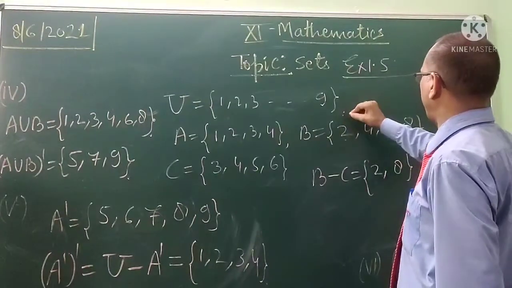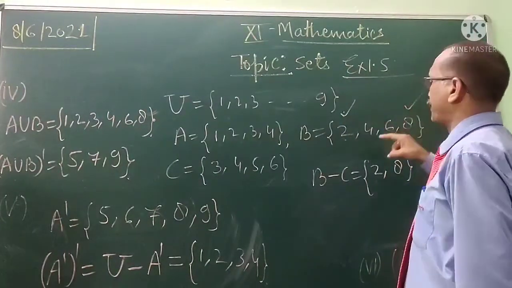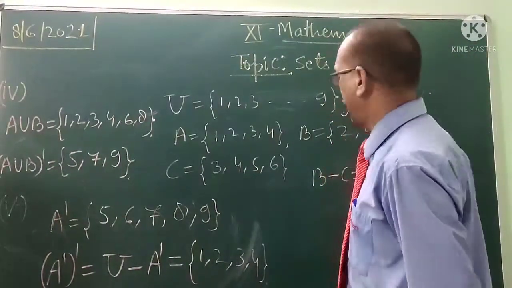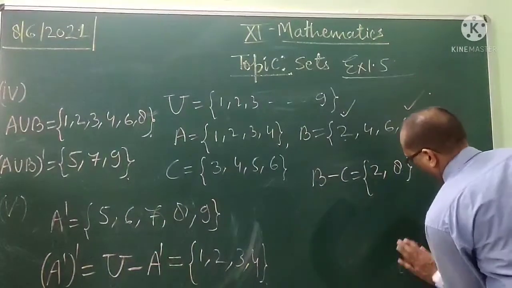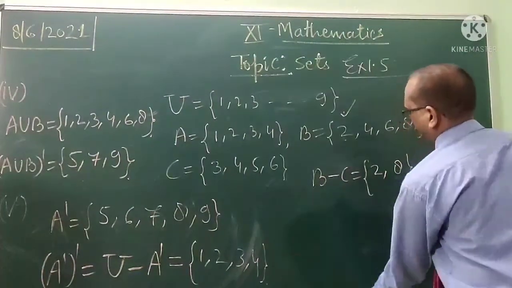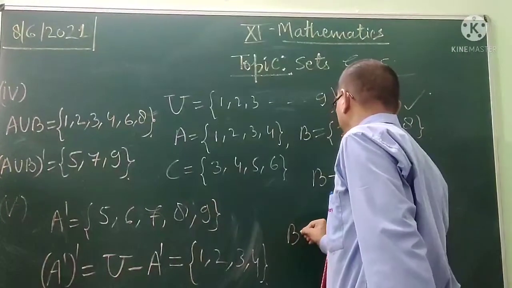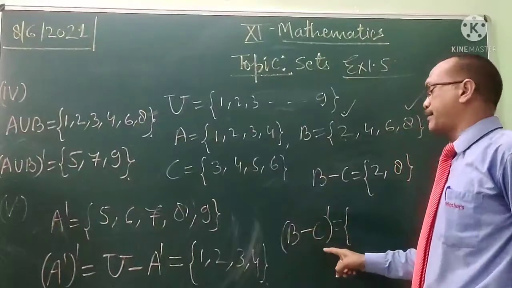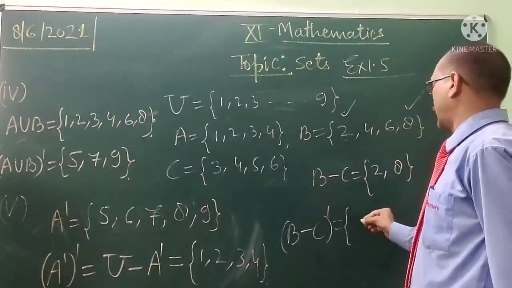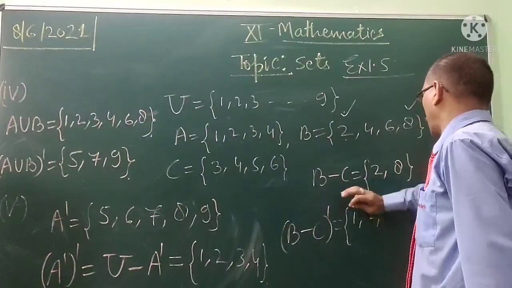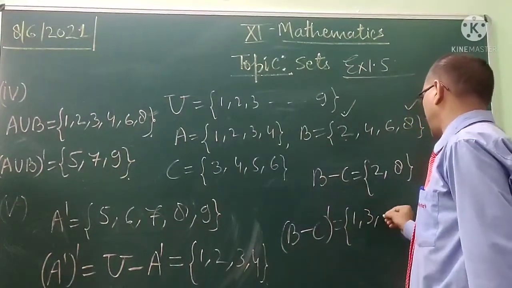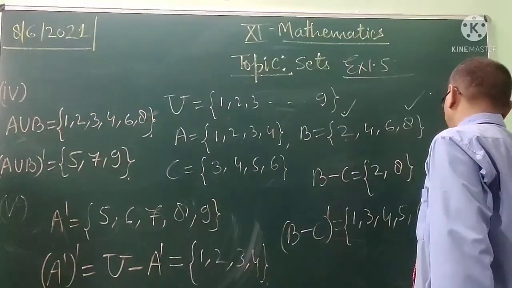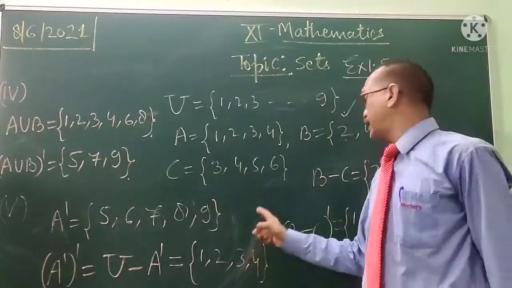These are the elements which belong to the set B. 4 and 6 are common with C. Now let us find its complement. So (B minus C) whole complement is the universal set minus (B minus C). It is 1, 3, 4, 5, 6, 7 and 9. We will not take elements 2 and 8.